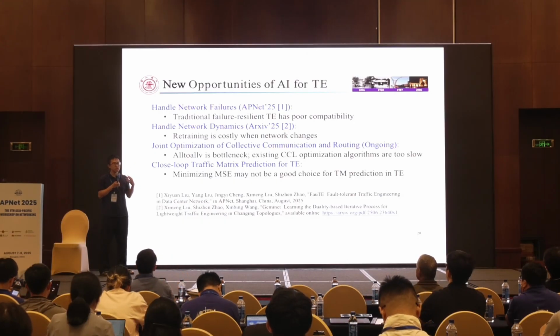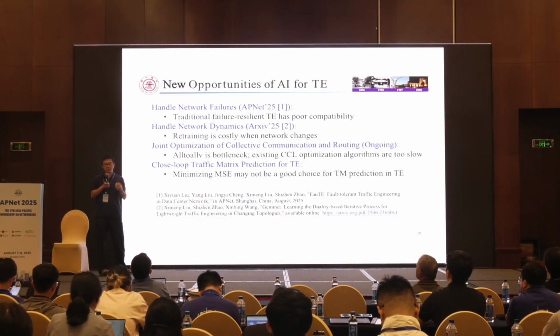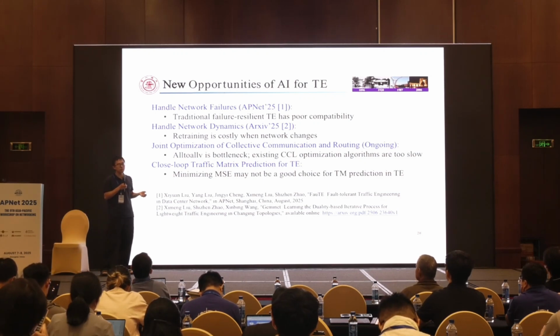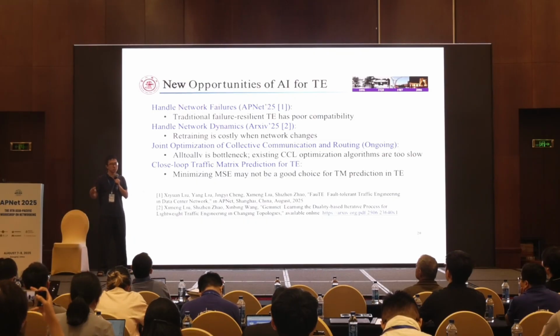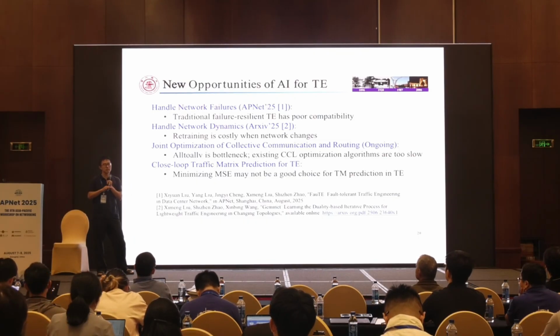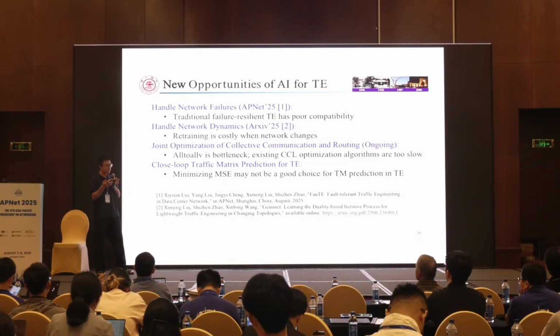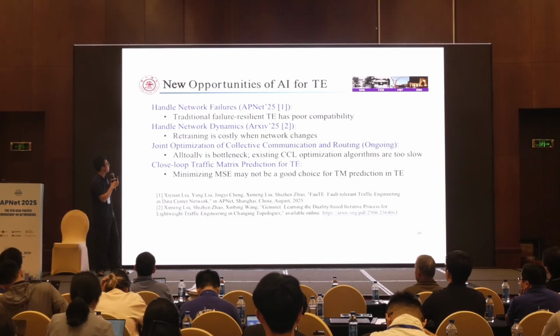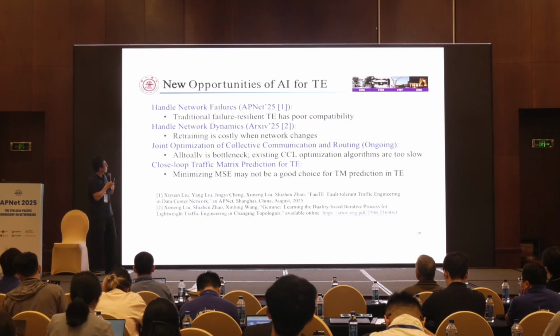Basically, we want to solve the TE problem to guard against link failures or node failures. The traditional approach uses integer programming, and the computational complexity is extremely high. But when we use our AI approach, we can significantly reduce the computational complexity. The second one is handling network dynamics.